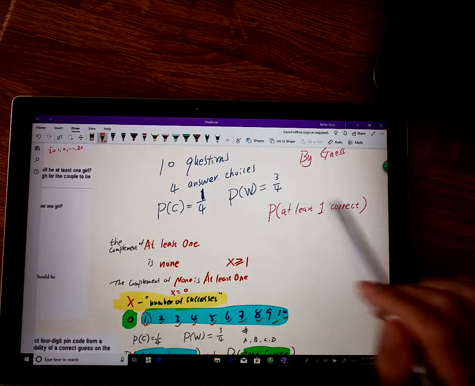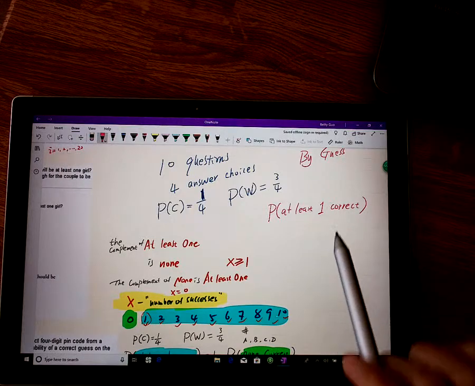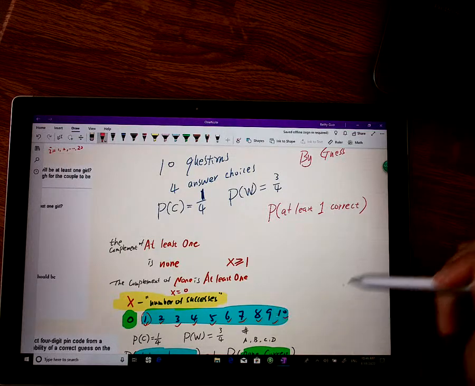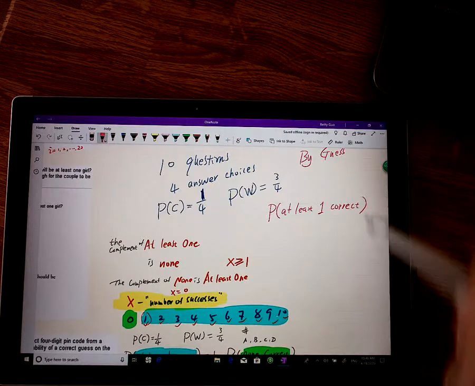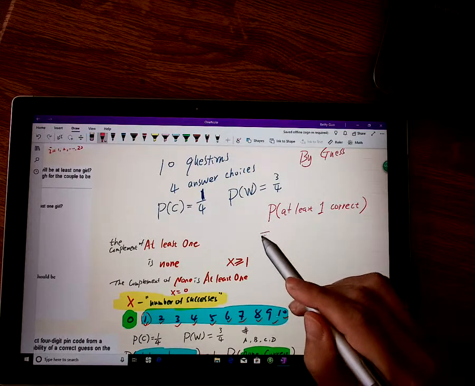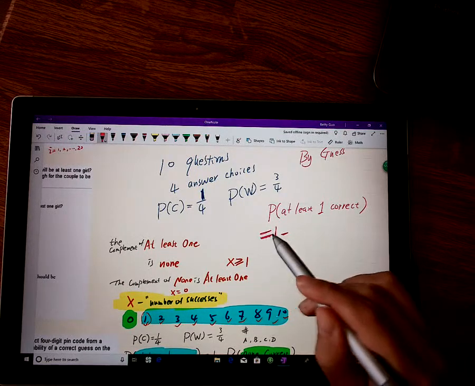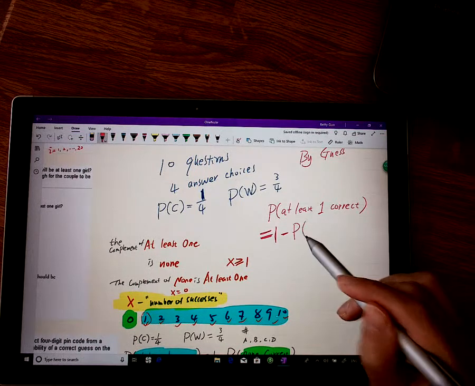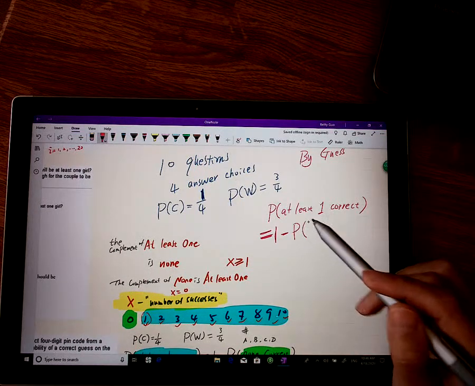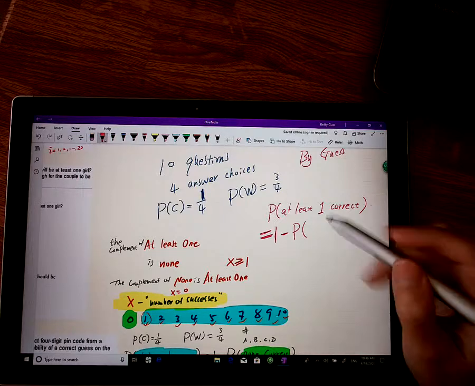Then we don't want to compute the probability of this event directly. We want to look at the opposite side of this event. We want to consider its complement. What's the complement of getting at least one correct?